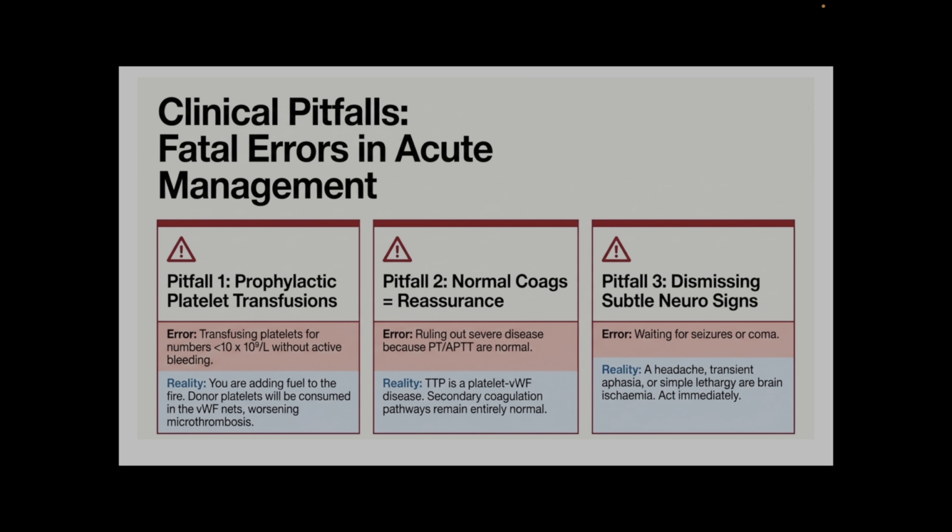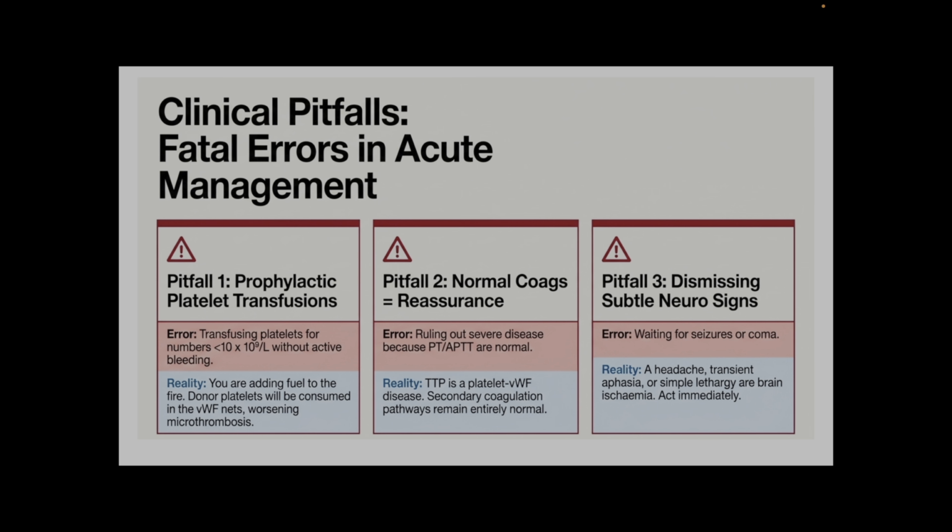Clinical pitfalls, fatal errors in acute management. There are three important pitfalls highlighted here. First, prophylactic platelet transfusion. Severe thrombocytopenia in TTP does not automatically mean that platelets should be transfused. The second pitfall is that normal coagulation tests do not exclude TTP. TTP is primarily a platelet von Willebrand factor microvascular thrombotic disorder, so PT and APTT may remain normal.